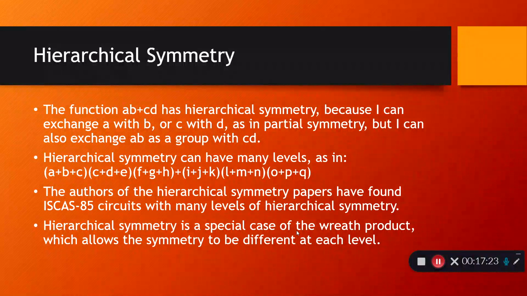The wreath product is more extensive than hierarchical symmetry because with hierarchical symmetry, we have to have either total or partial symmetry at each level. The wreath product allows us to have strong symmetries and allows us to mix and match symmetries at each level.